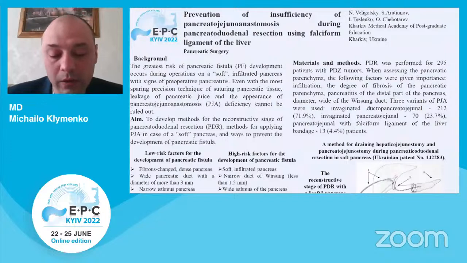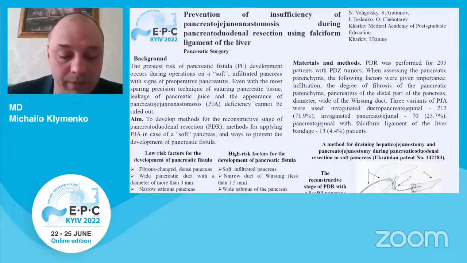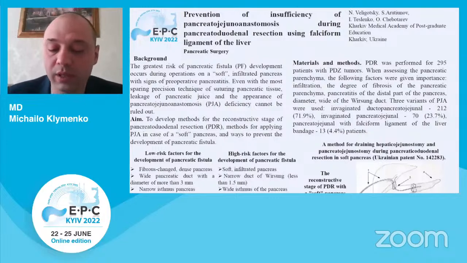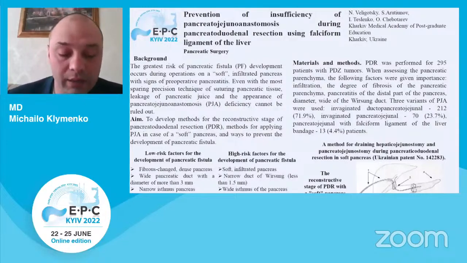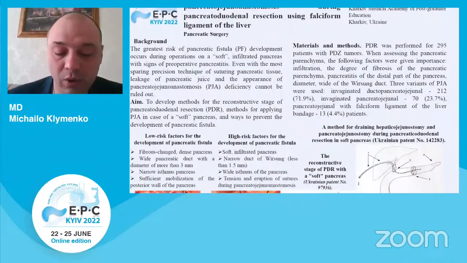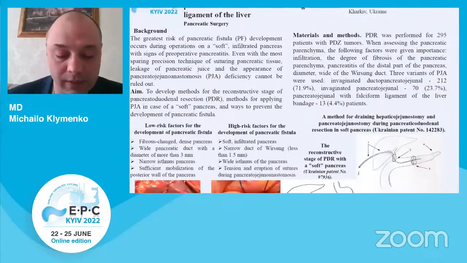Our results: low risk factors for the development of pancreatic fistula were alveolar fibrosis changes, a dense pancreas, a wide pancreatic duct with a diameter of more than 3 millimeters, a narrow isthmus, and sufficient mobilization of the posterior wall of the pancreas.